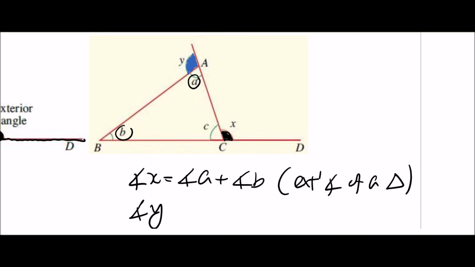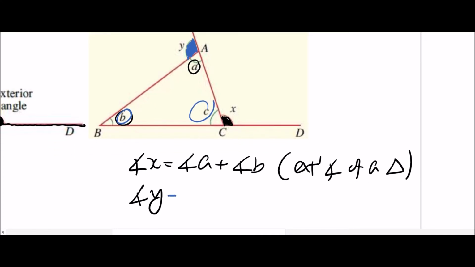Are you done? First of all, we have to figure out what the two opposite interior angles to angle Y are. If you figured out they are B and C, then you're absolutely right. So you have angle Y equals angle B plus angle C. And the reason is the same: exterior angle of a triangle.